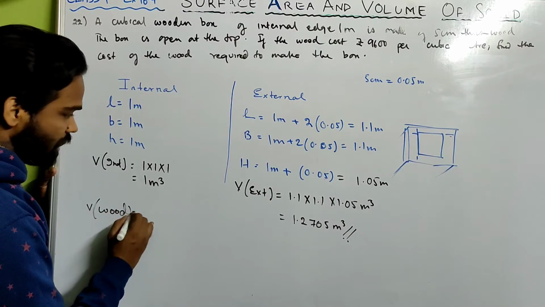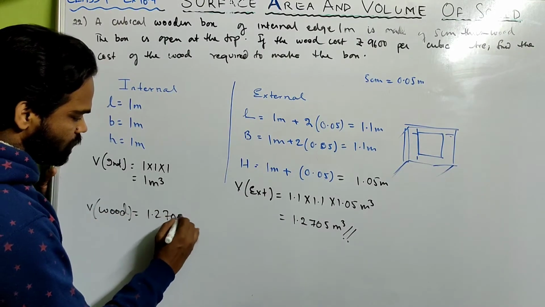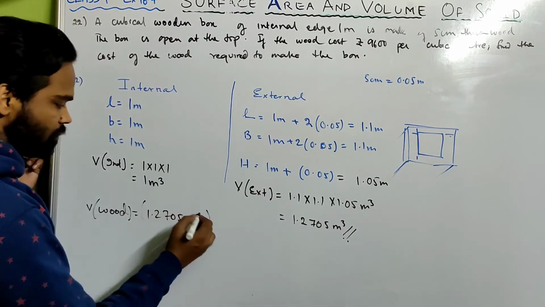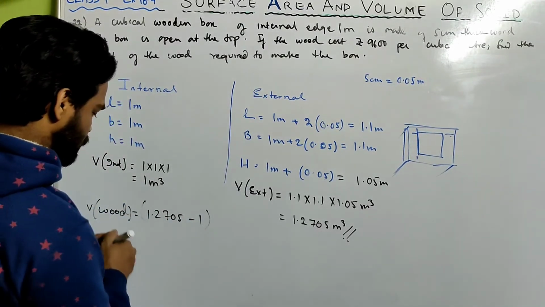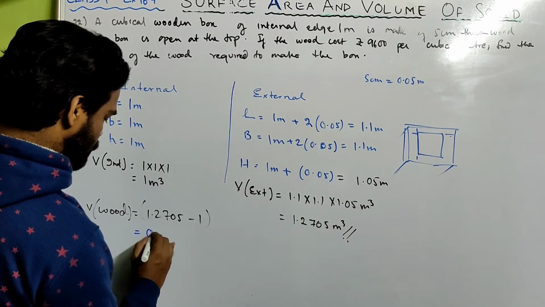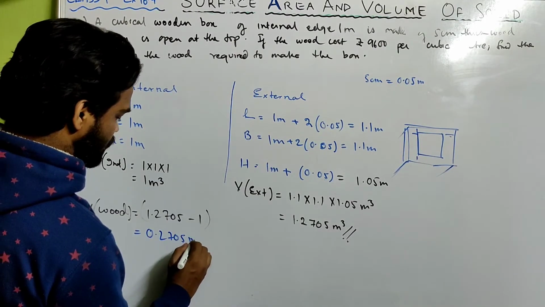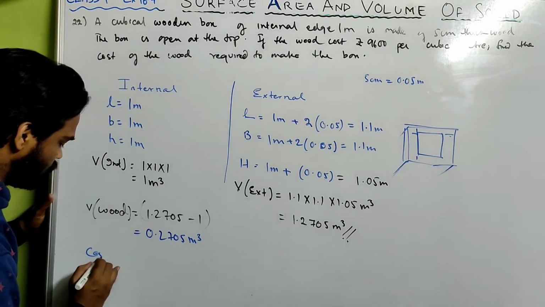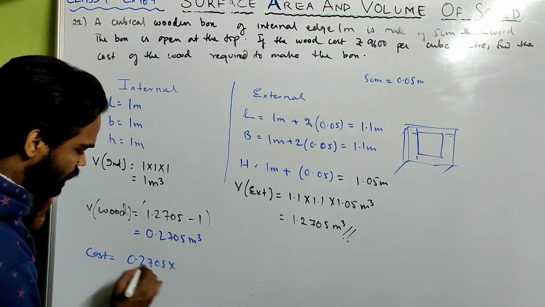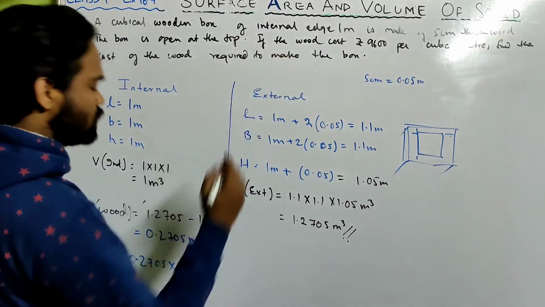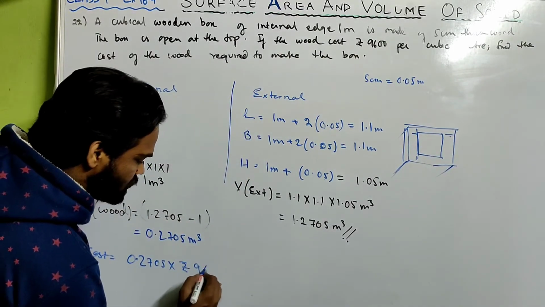Now with the volume of the wood. Volume of the wood is external volume minus the internal volume. That's 1.2705 minus 1, so that's 0.2705 meter cube. So the cost of the wood will be the volume of the wood multiplied by the rate. Rate is rupees 9600.